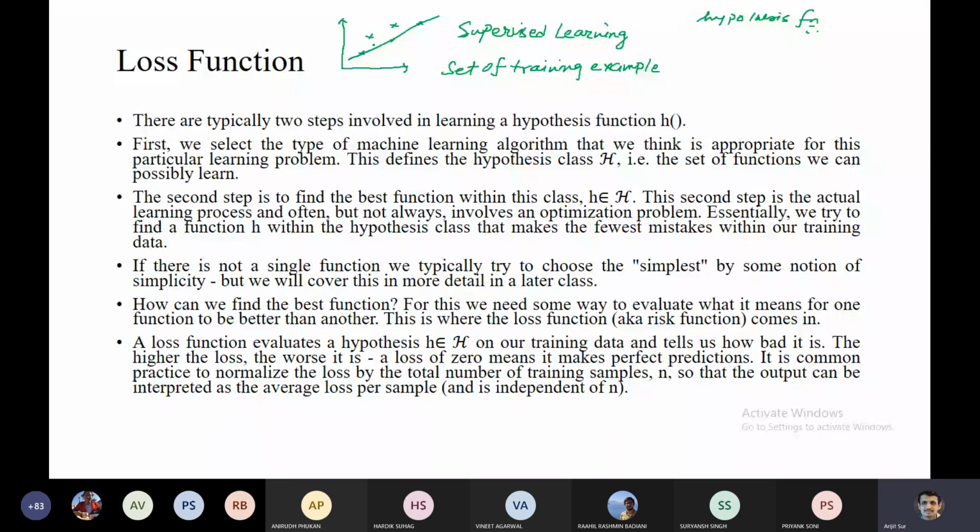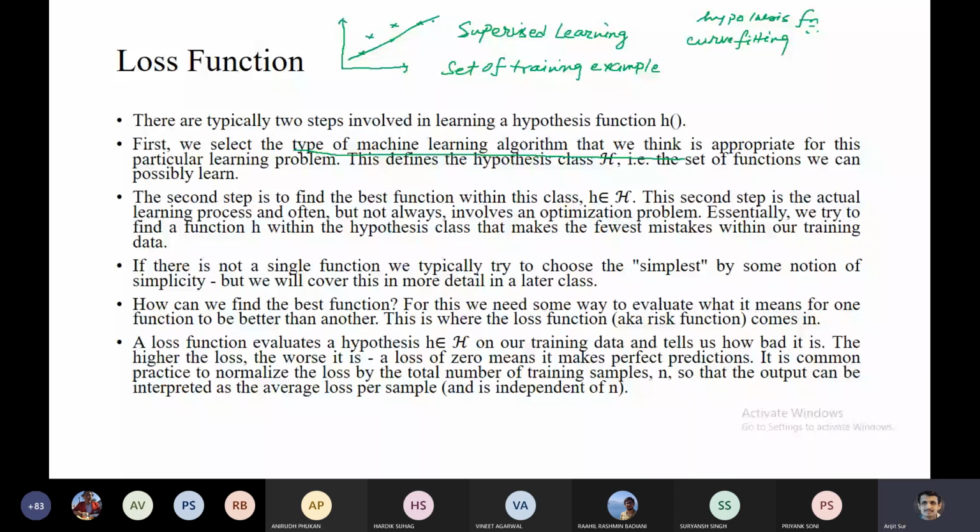Now, your question is, I said that first we select the type of machine learning algorithm that we think appropriate for this particular learning problem. Given this kind of problem, we say that it is a curve fitting problem. The model tries to find a function that may be linear or nonlinear.